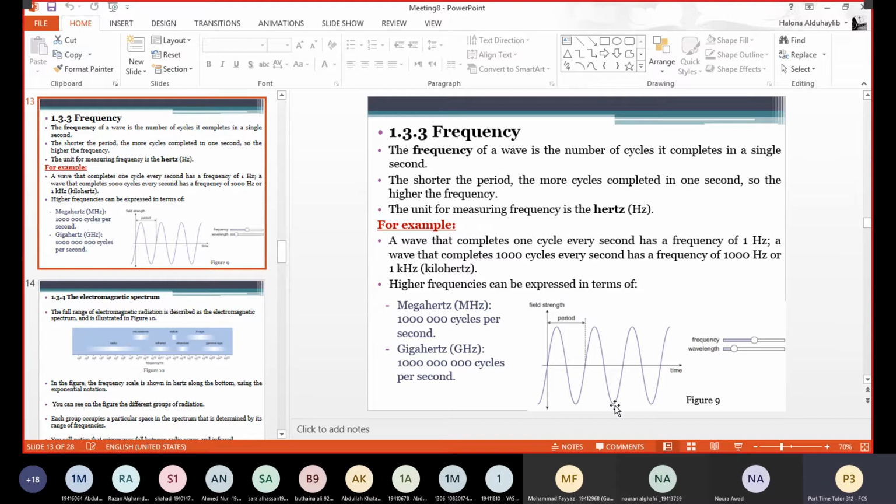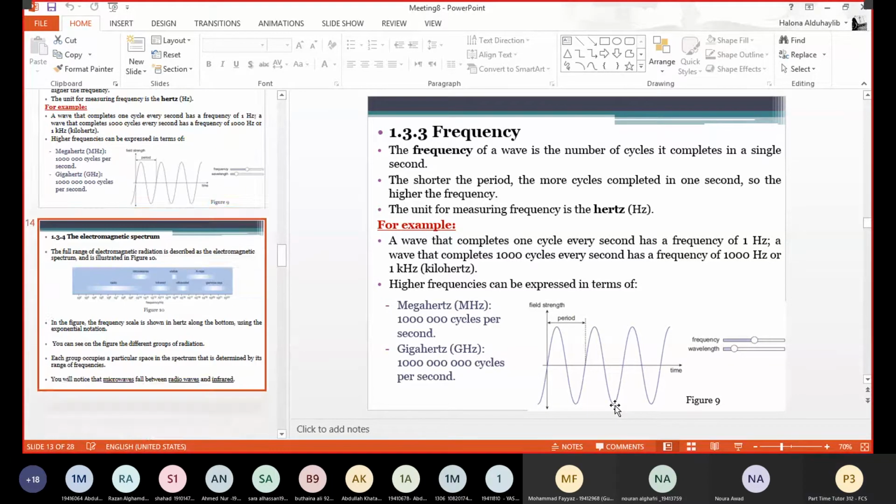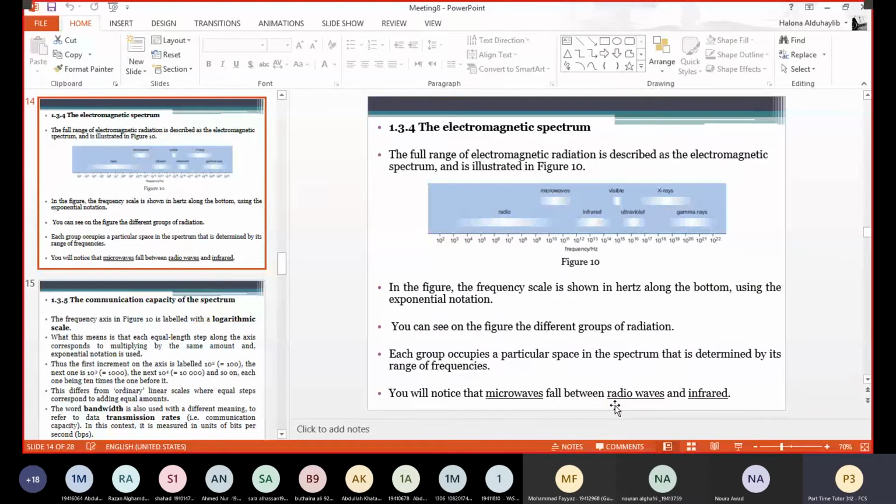If you have a high frequency, then you can represent it with megahertz, which is 1 million cycles per second, or with gigahertz, which is 1,000 million cycles per second. Okay, so this is called the frequency, which is the number of cycles in a second.